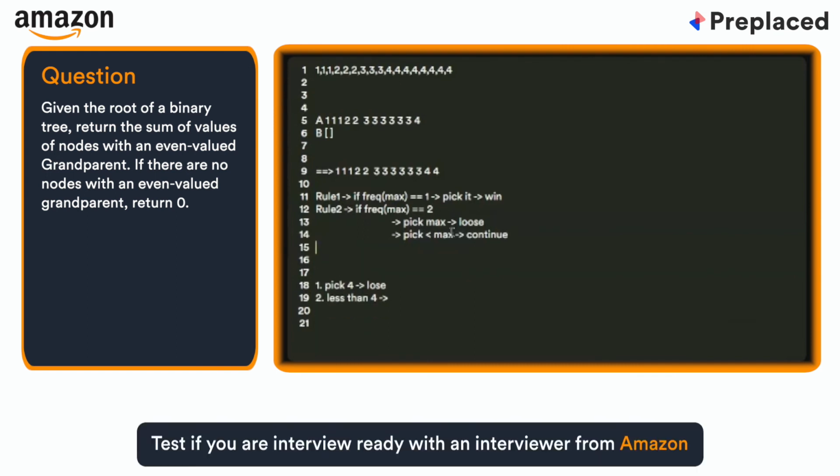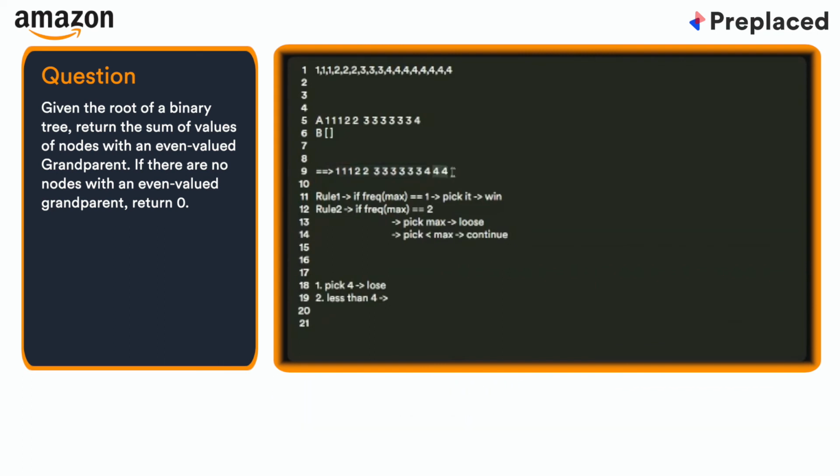Can I make another set of rules for this? Let's say my frequency is another 4. So if I'm picking this one, the other person will be left with a set of fours, that is the repetitive number.